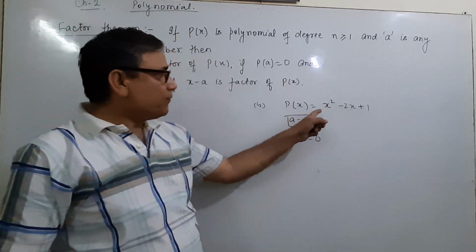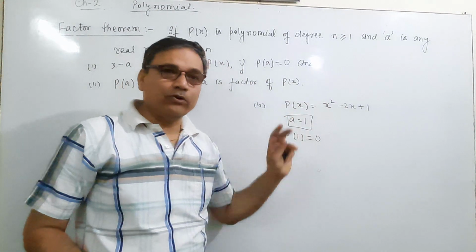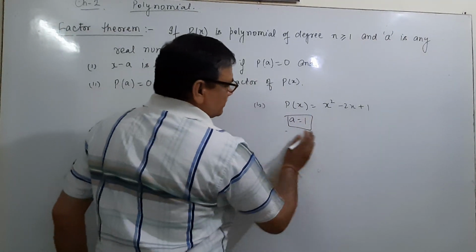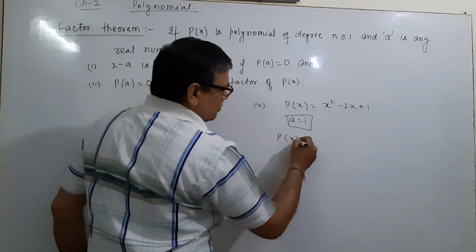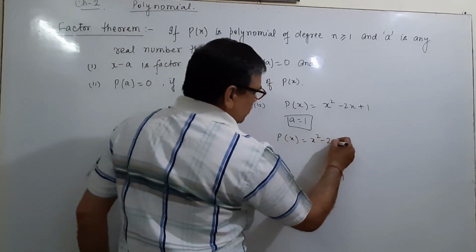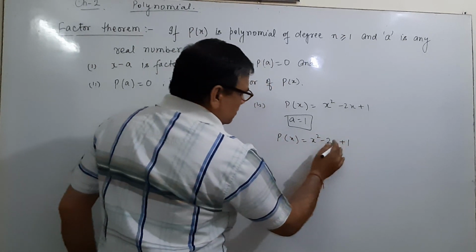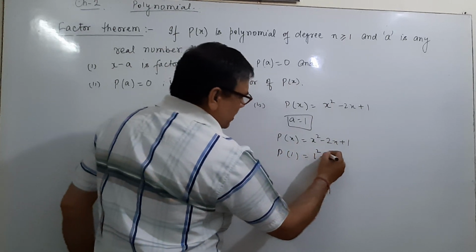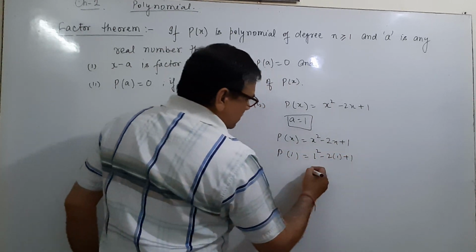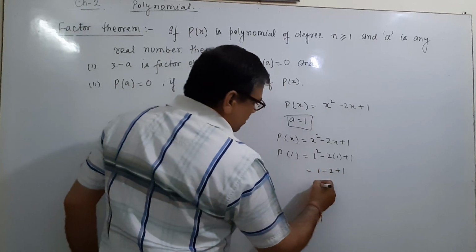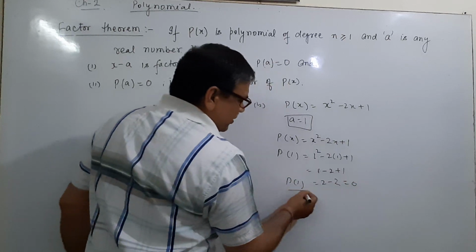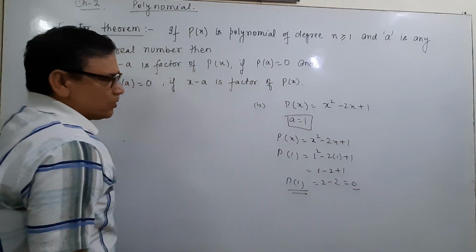First we put the value: if P(A) = 0 with A = 1, and P(x) = x² - 2x + 1, then P(1) = 1² - 2(1) + 1 = 1 - 2 + 1 = 0. So P(1) = 0.